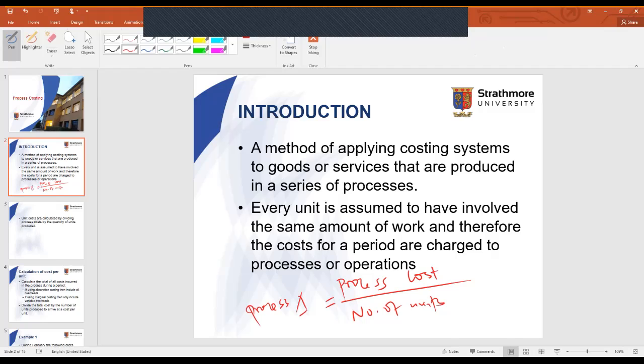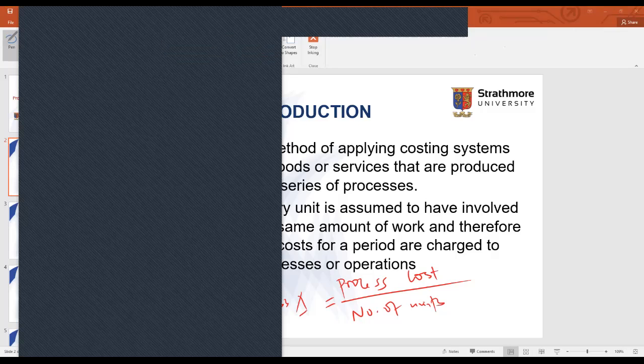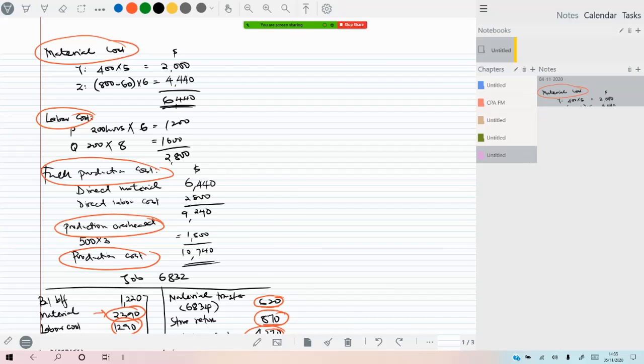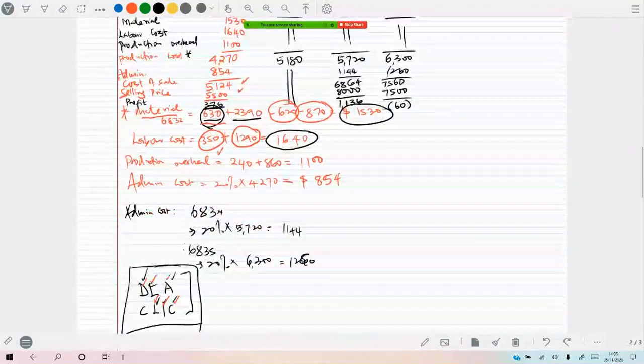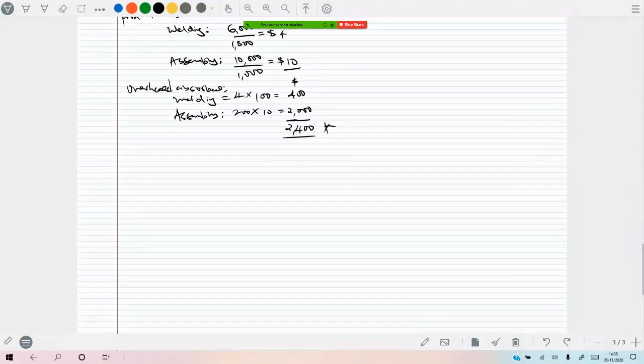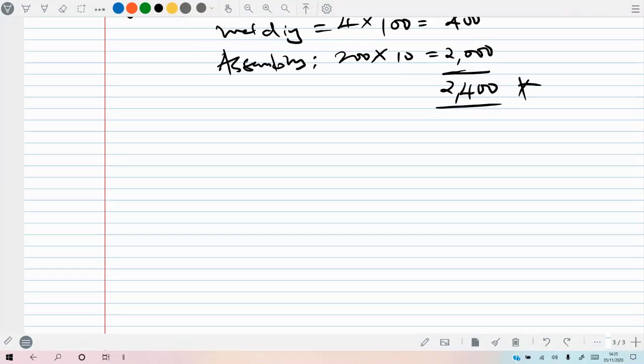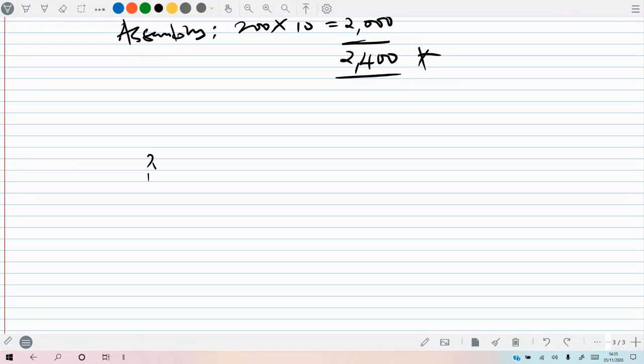So if I was to use a graphic here to help us understand the concept, give me a minute while I get my writing area. Let me call this process one, the process account.